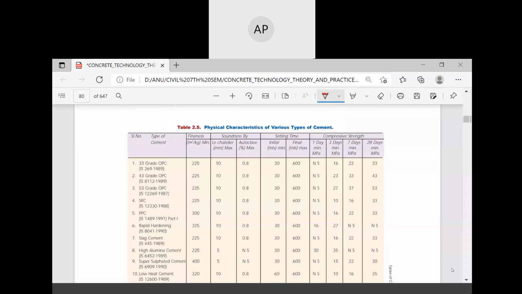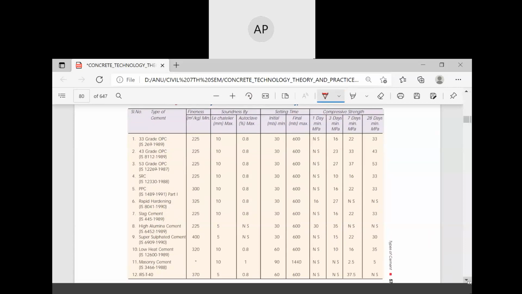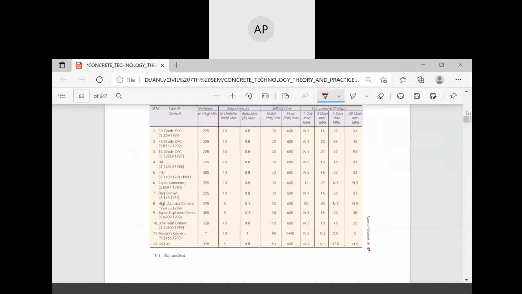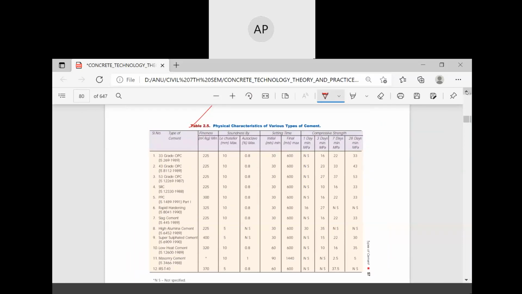So these are the physical characteristics of various types of cement. As I told you, we have 33 grade, 43 grade, and 53 grade, isn't it? Fineness, soundness, setting time.